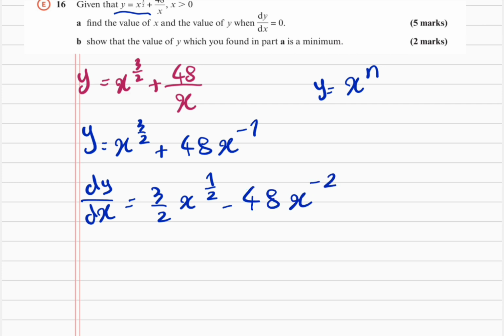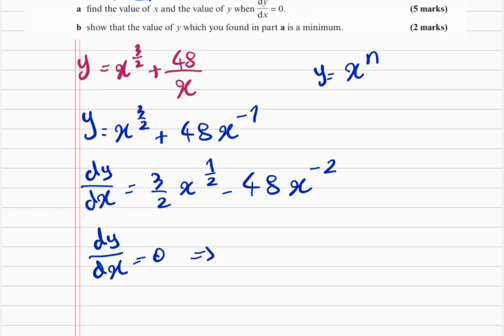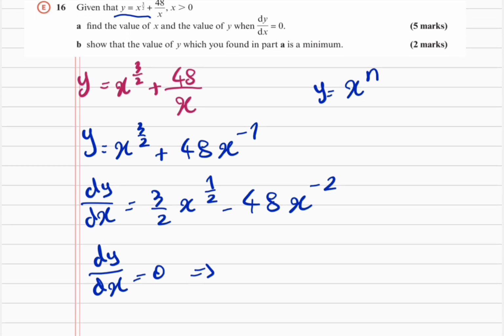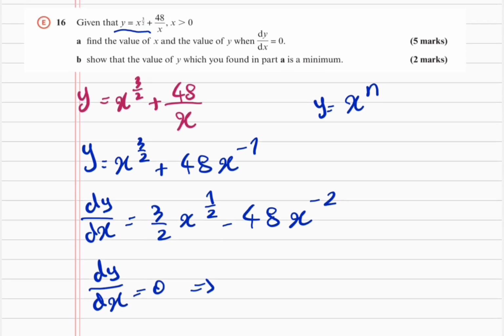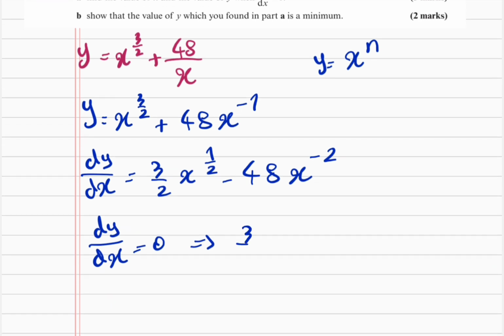Now let's set dy/dx equal to 0 to find the x value. So we are basically finding the stationary point of this curve without being told directly. We have 3 over 2 x to the power of half, and then we can rearrange the equation to get 48 over x squared.